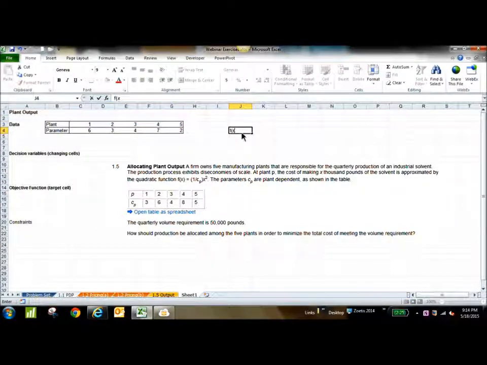X represents thousand pounds, or pounds in thousands. I would put it this way. This is how I read this. The parameters CP are plant dependent. So we have the CP, which is plant dependent. What is CP?